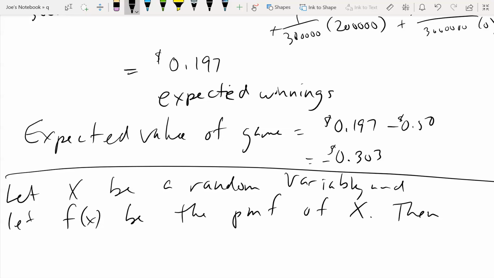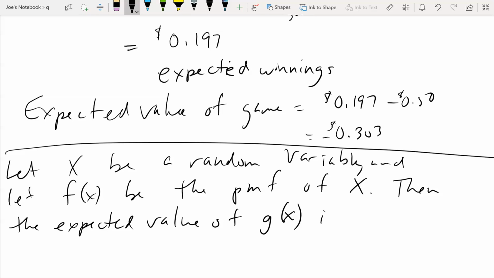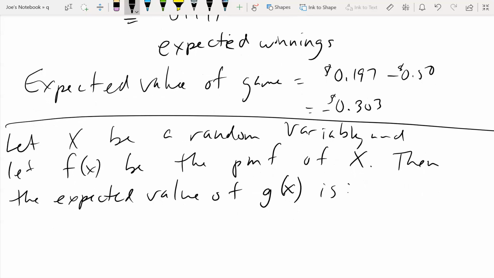Then the expected value of a function g of x is defined as the sum over all x in your sample space of g of x times f of x.